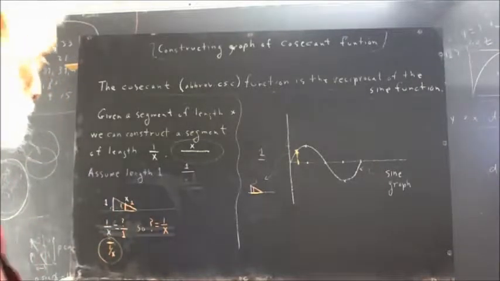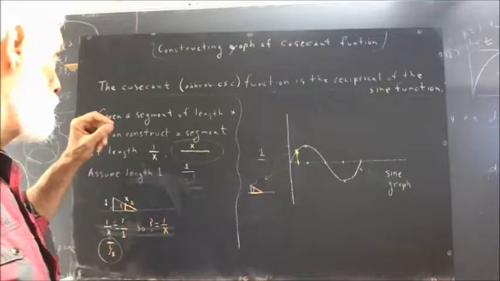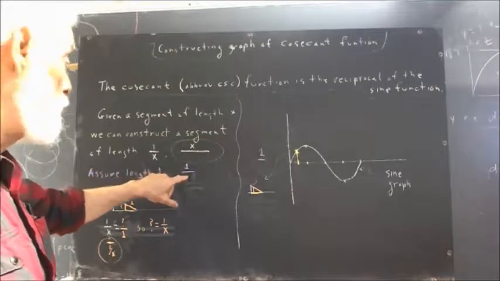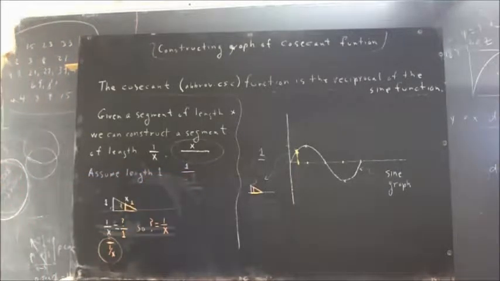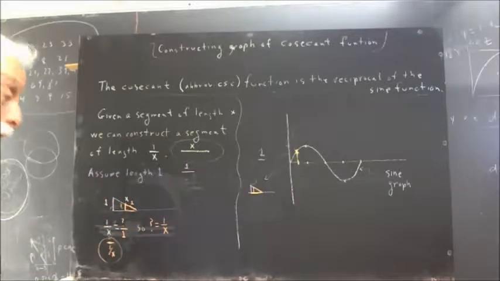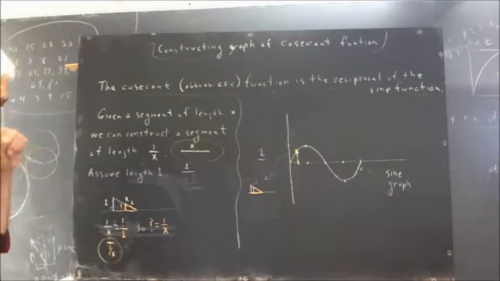That works fine, except that the length of our known segment could well be shorter than our unit length, in which case there's no way that would be on the hypotenuse of a right triangle, because the hypotenuse has to be longer than the unit.